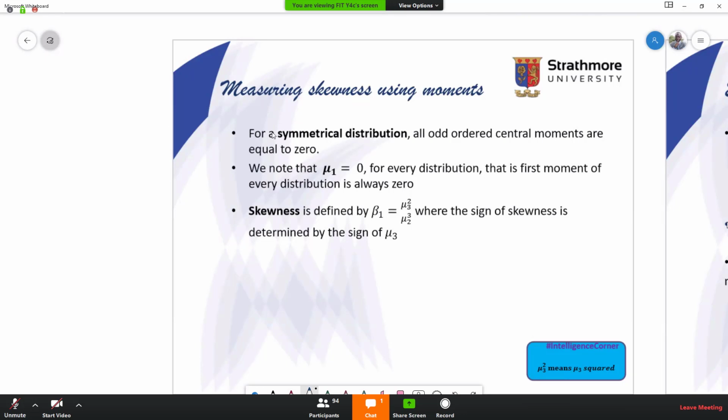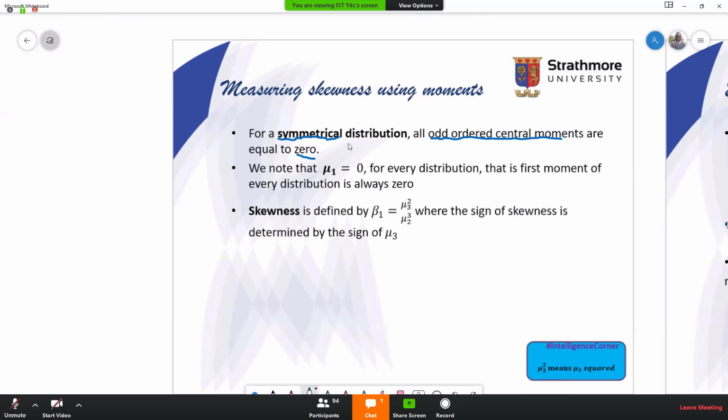So we are going to note a number of things. You can write them down. For a symmetrical distribution, symmetrical means perfect, the bell-shaped curve with no skewness, all odd moments are equal to 0.